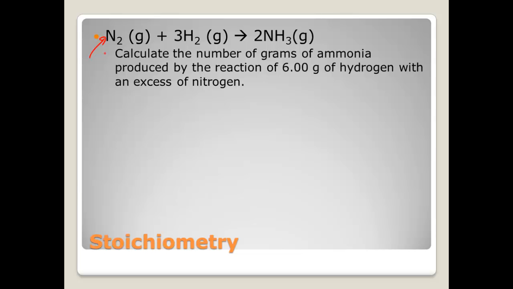It says calculate the number of, oh no, grams of ammonia produced by the reaction of 6 grams of hydrogen with, again, excess nitrogen, meaning we have way more nitrogen than what we need. So we start with what is given. We start with our 6 grams of hydrogen.